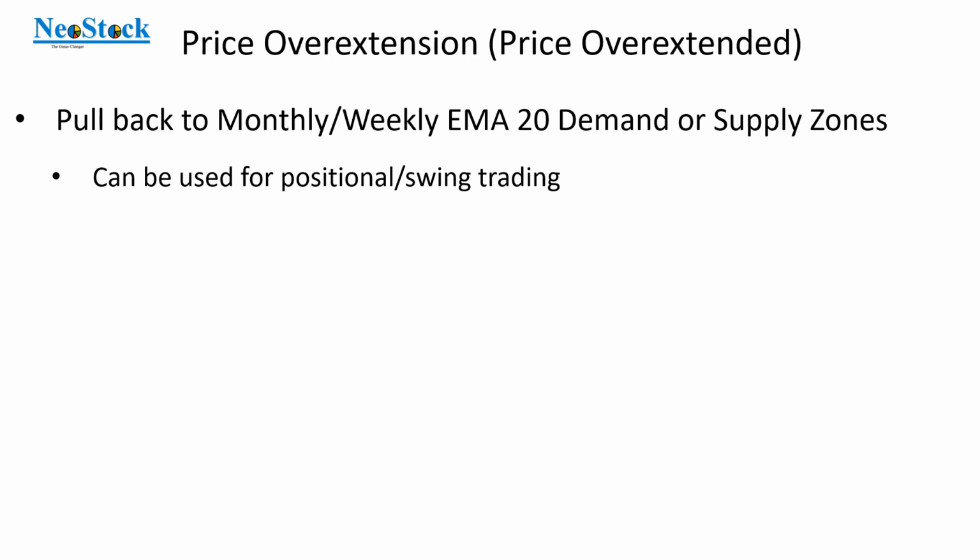So the best way to take cash trades is when overextension is completed. Please remember, I am repeating because it is an important point. The best way to go for cash trades is when the overextension is completed on monthly or weekly charts. But remember, it should be in a bull market, because if you want to go for cash trades, you go for buy orders only.